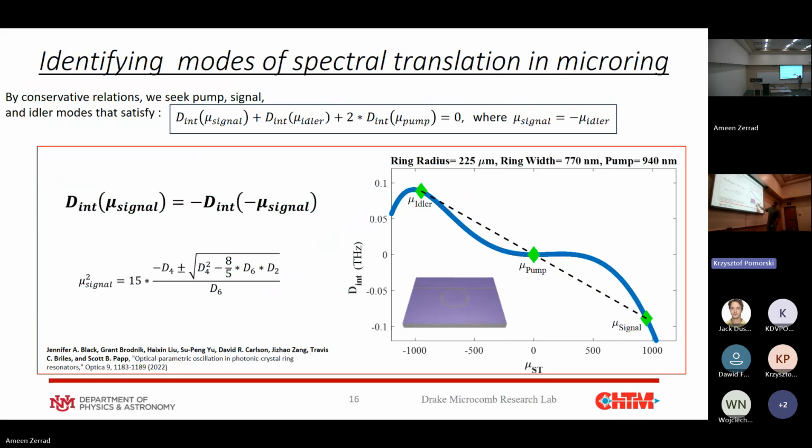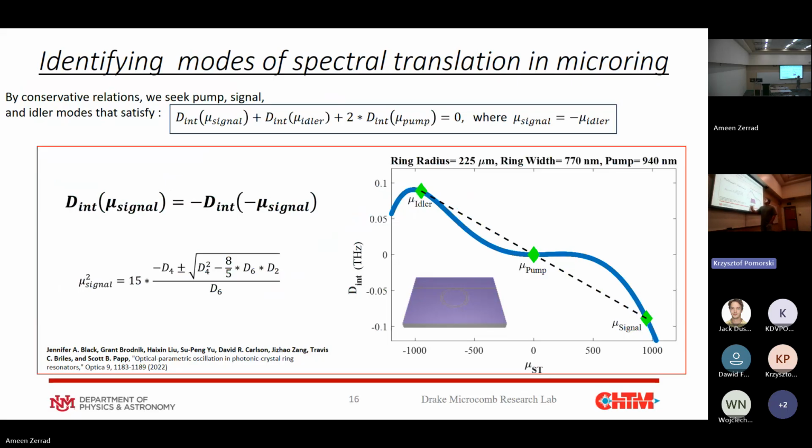If they're equidistant from the pump and equal and opposite, you can satisfy phase and frequency matching conditions that conserve energy and momentum and allow for four-wave mixing in your microring that we use for our spectral translation. So this is our visual script for identifying modes of spectral translation.